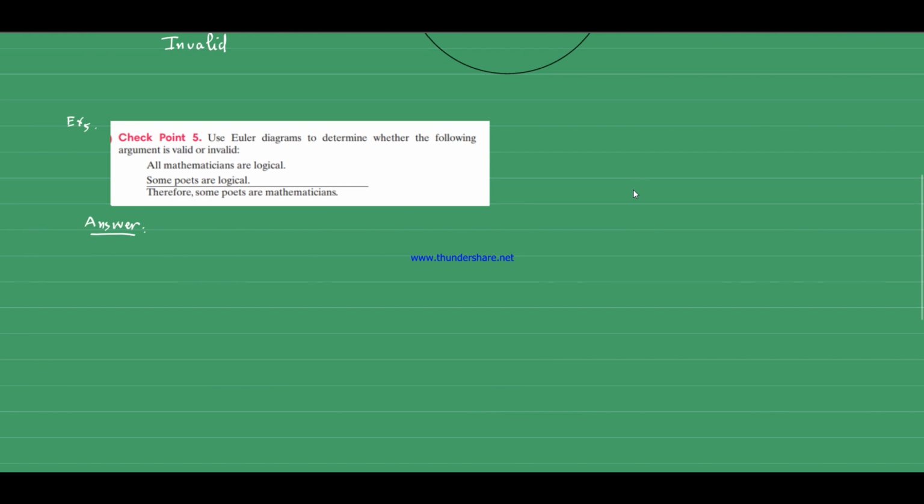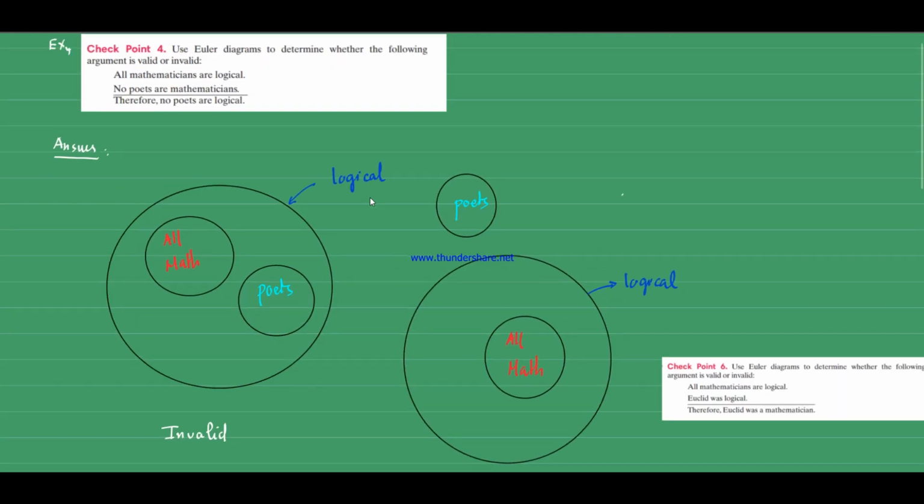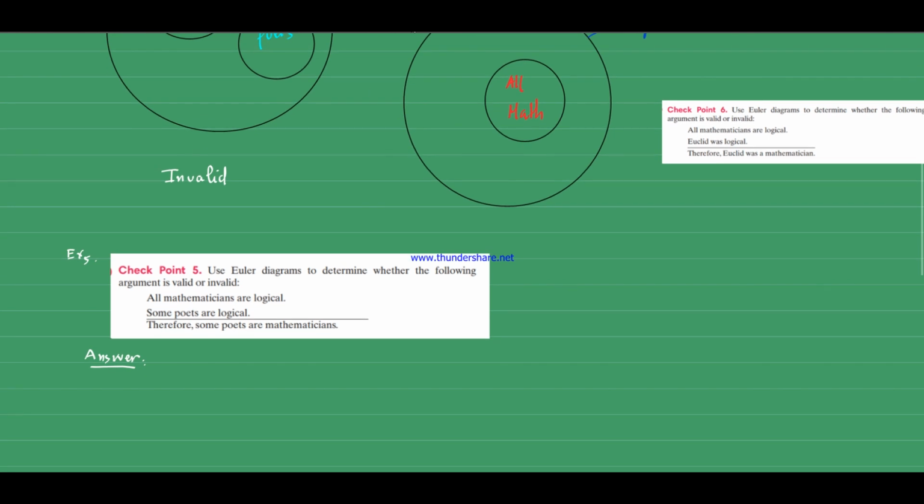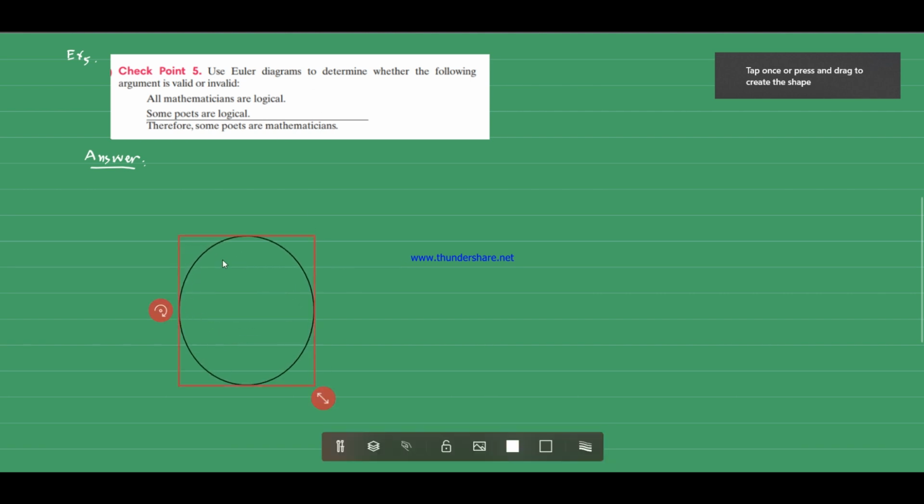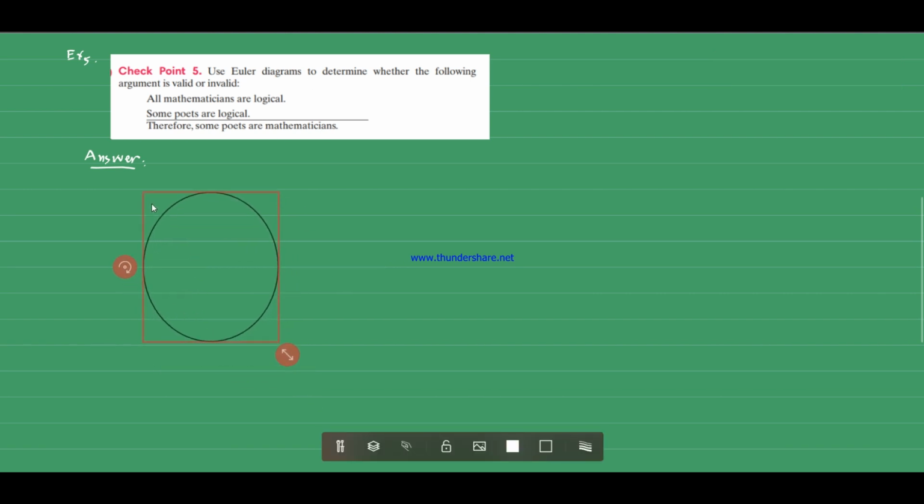Okay, all mathematicians are logical, so kind of the same thing. Same topic. All mathematicians are logical. So this is the logical set right over here.